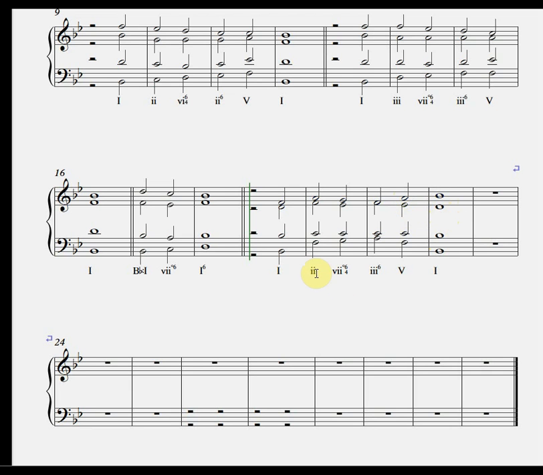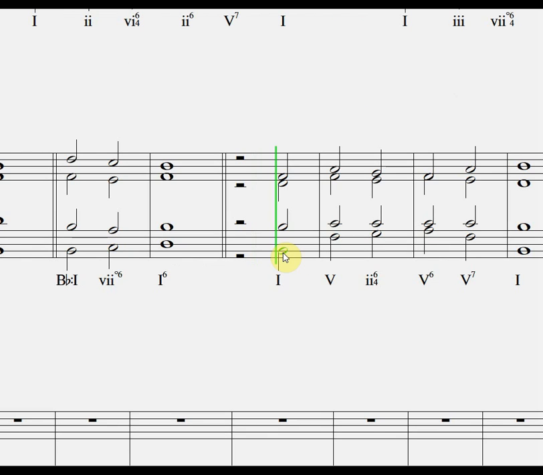Let's fix our spelling. Sorry, I just realized these should be 5/7 throughout. Let's hear this progression.